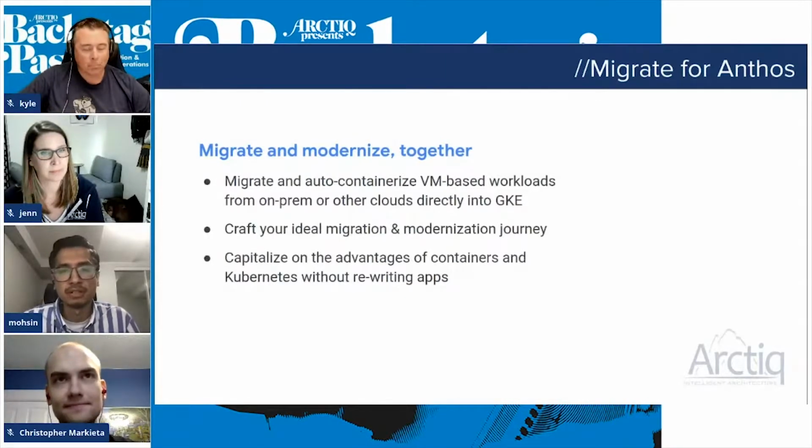So for the workloads that will benefit from containers, Migrate for Anthos delivers a fast, smooth path to modernization. And it does not require rewriting your application. And that's really a key point. So when you're done, you have your workloads running in containers, and you can leave the management of the underlying infrastructure to Google. So next slide, please.